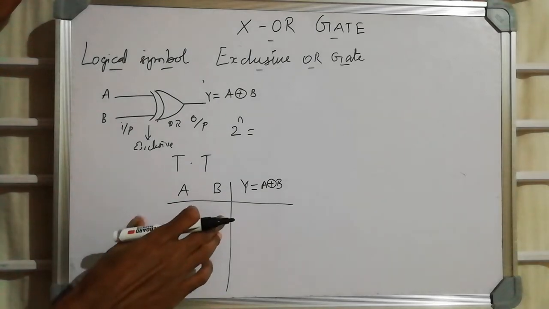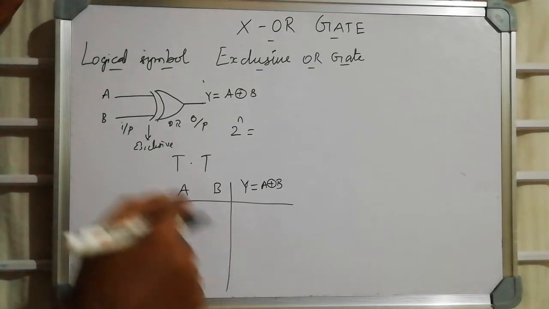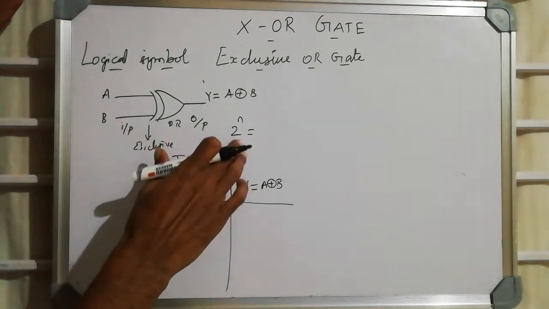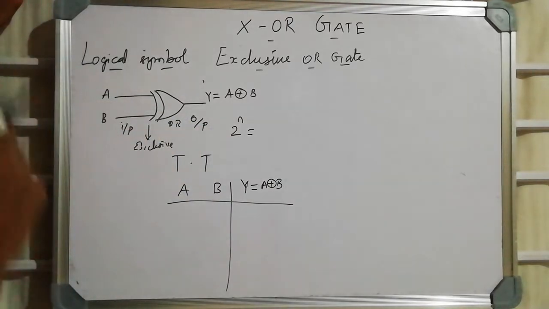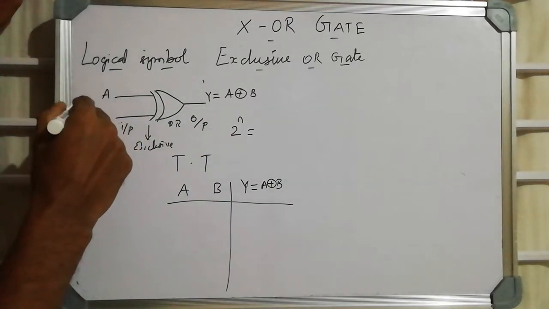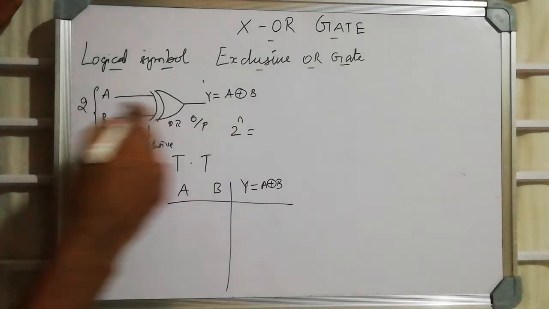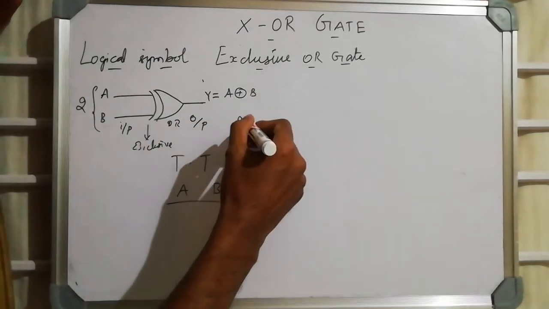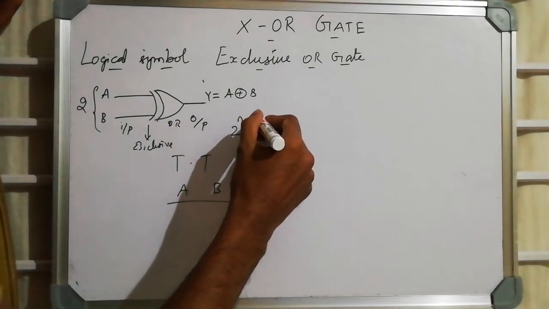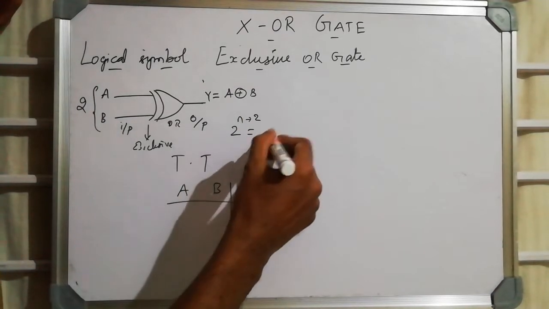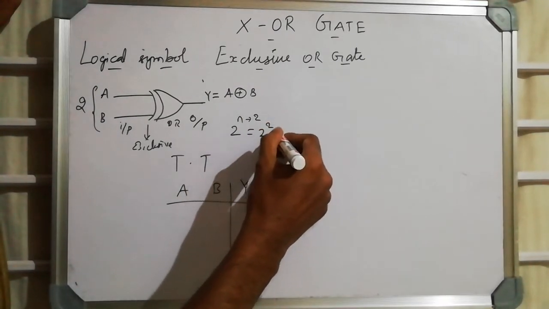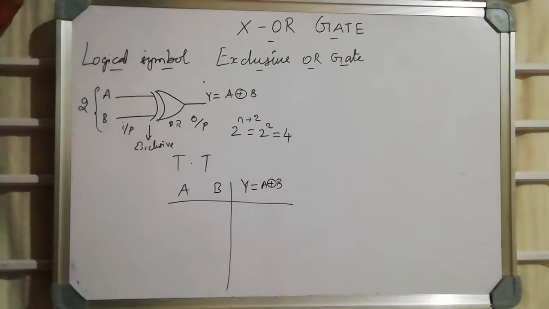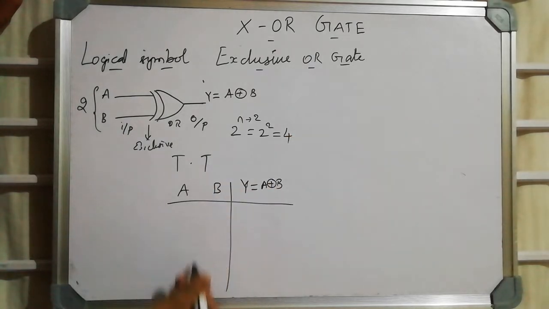Because we don't know yet how many combinations we have to write. We find this from the number of inputs. The number of inputs is 2, where n refers to the number of inputs. So 2 to the power of 2 is equal to 4, so 4 combinations we have to write here.